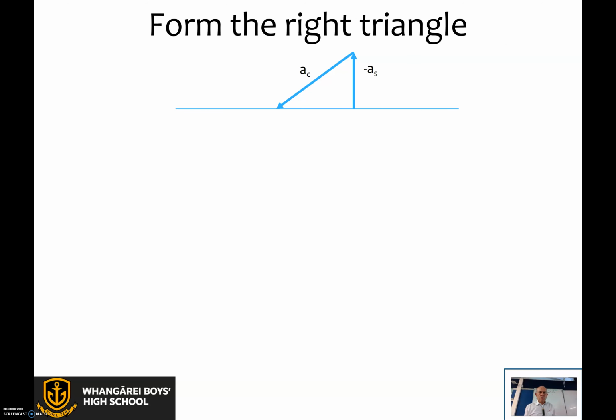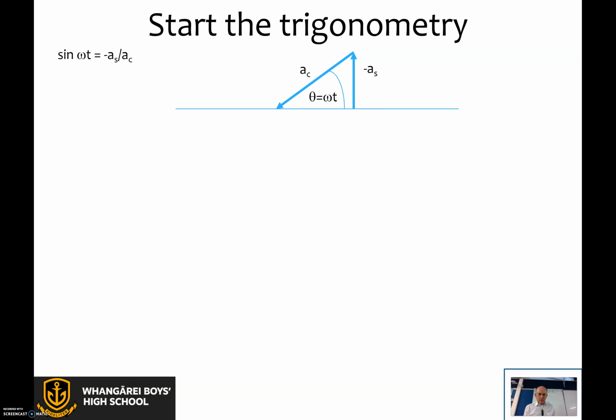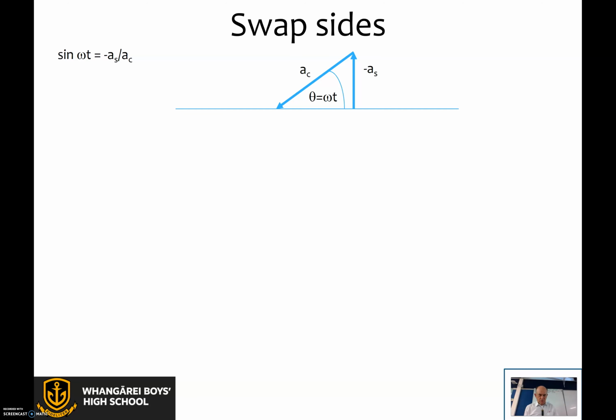Then we can form a right triangle, put a right angle triangle in there, and show the angle theta is omega t. Start the trigonometry: the sine of that angle is equal to the opposite over the hypotenuse, negative AS over AC. Swap the sides of the equation.